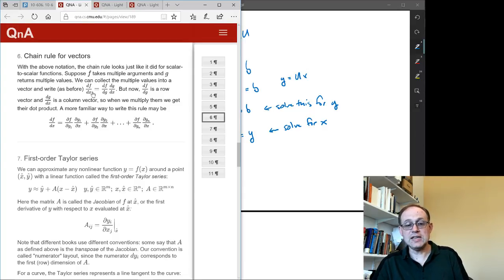So df dx will be df dg times dg dx. Here df dg is a row vector and dg dx is a column vector, so when we multiply them, that means their dot product. If we write it out, it's the sum over all of these components of the product of partial derivatives along each one of those components. That's called the total derivative: the sum of products of partial derivatives.